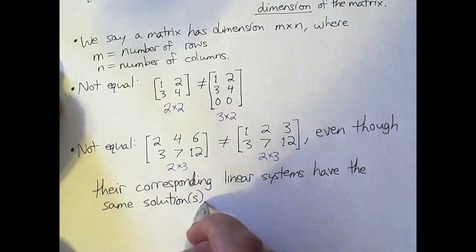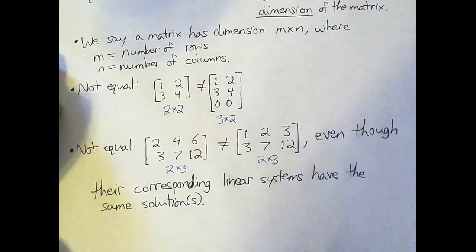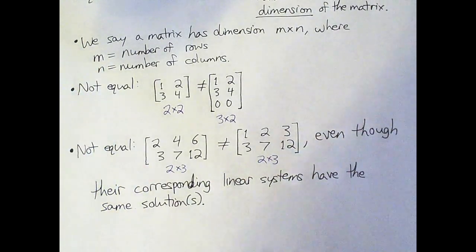I know they have the same solutions because you would get from one matrix to the other by doing one of those steps that we're allowed to do. But we don't call the matrices equal.